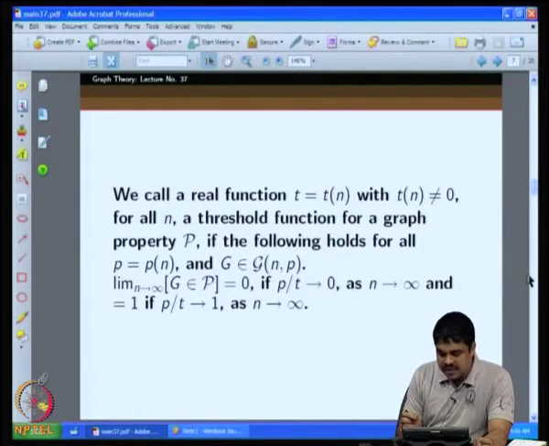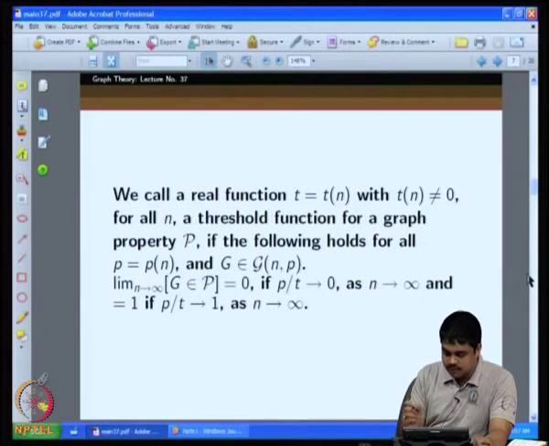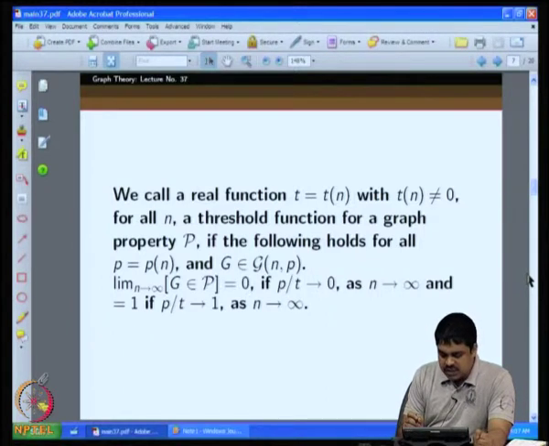So, let us say t equal to t of n is a function of n, and t of n is not equal to 0 for any n, and we say it is a threshold function for a graph property P if the following holds for all p equal to p of n and G an element of G(n,p). What should happen?